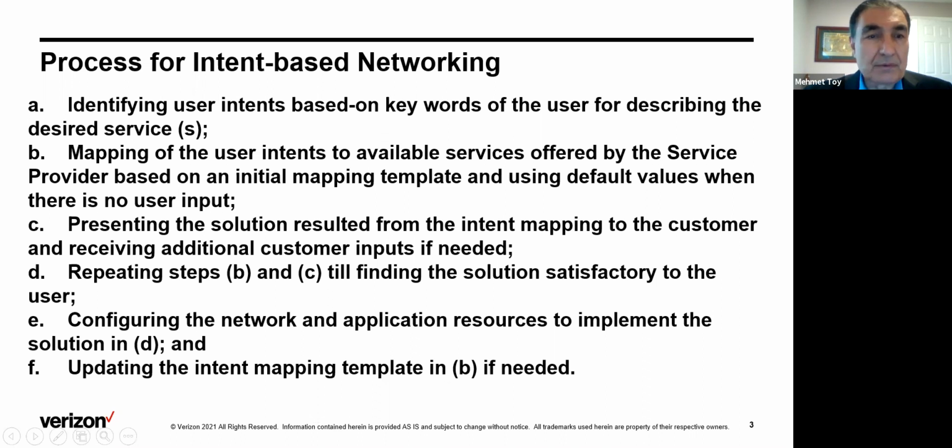Now, once we are able to do that, then we will design the service and the solution, and we present it to the customer. And we may end up with customer feedback that some modifications are required in the choices that we have made. So then we take the customer input and modify the solution that we have.